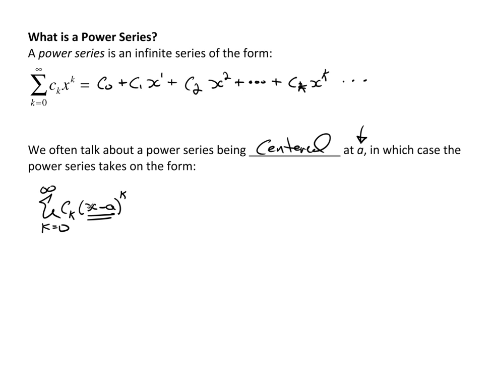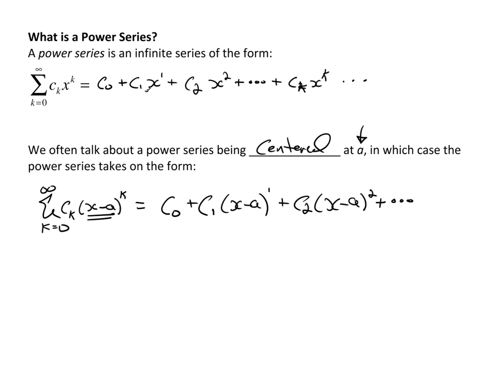So when x is equal to a, this whole thing equals 0. And of course, that expands to be c0, since x minus a to the 0 is 1, so I'm not going to bother writing it, plus c1 times x minus a to the first plus c2 times x minus a squared, and so on out.